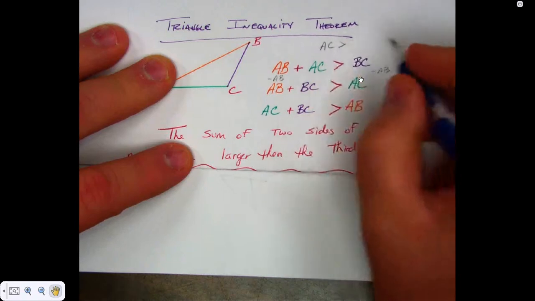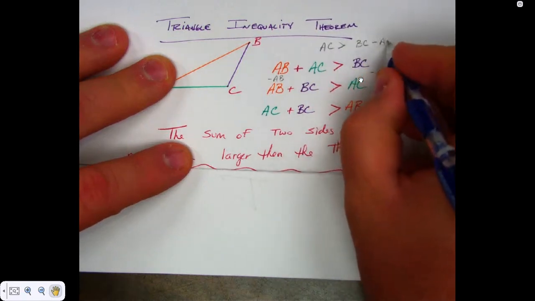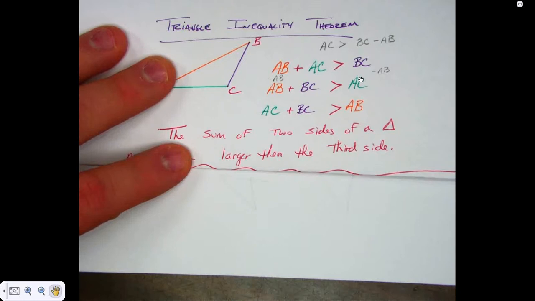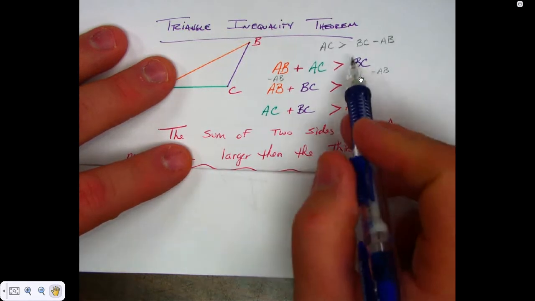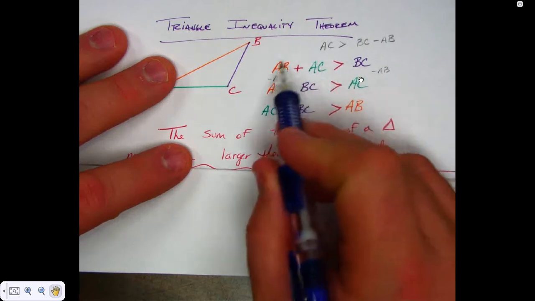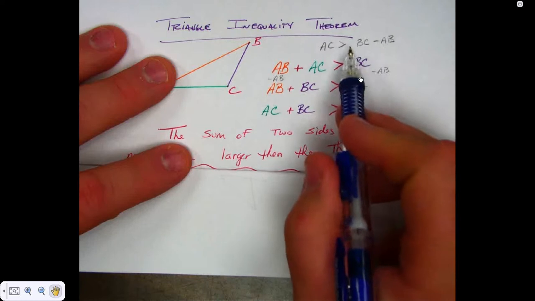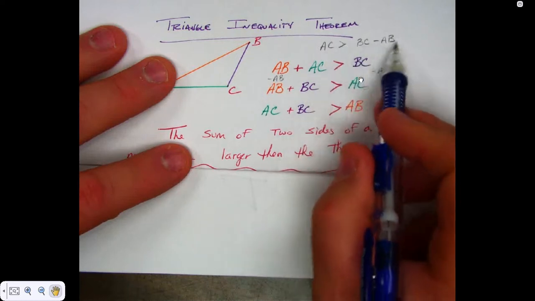Have I done anything wrong by doing that? So this third side had to be smaller than what? The other two added together, and this side has to be greater than those two what? Subtracted.